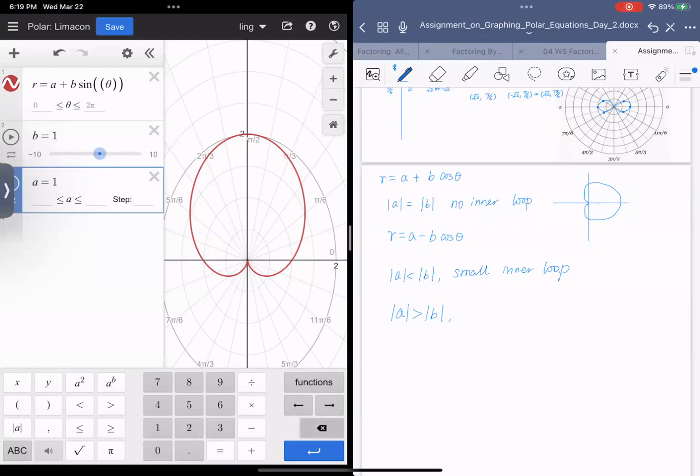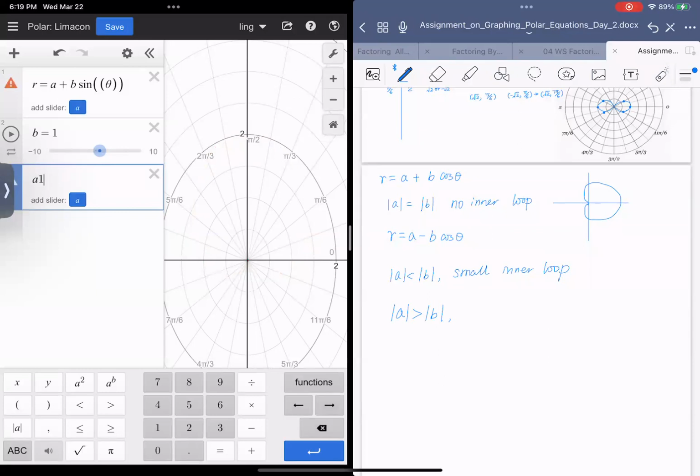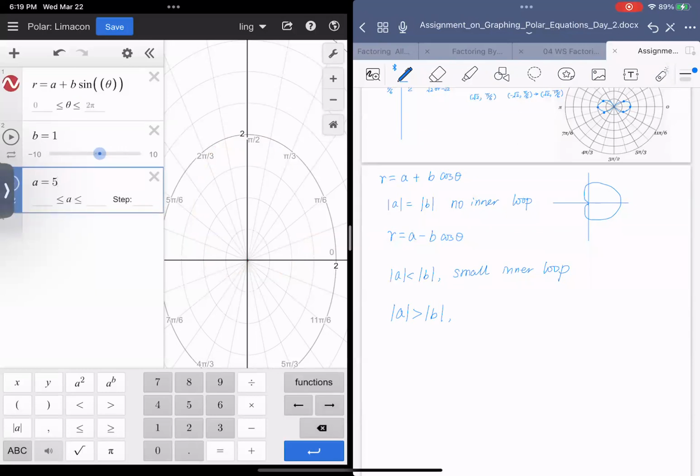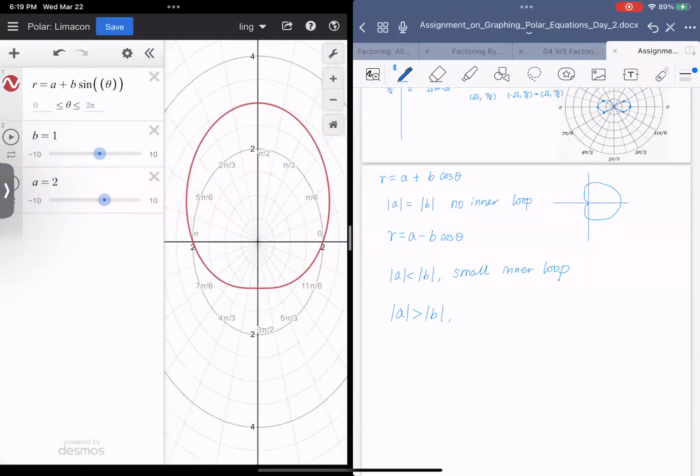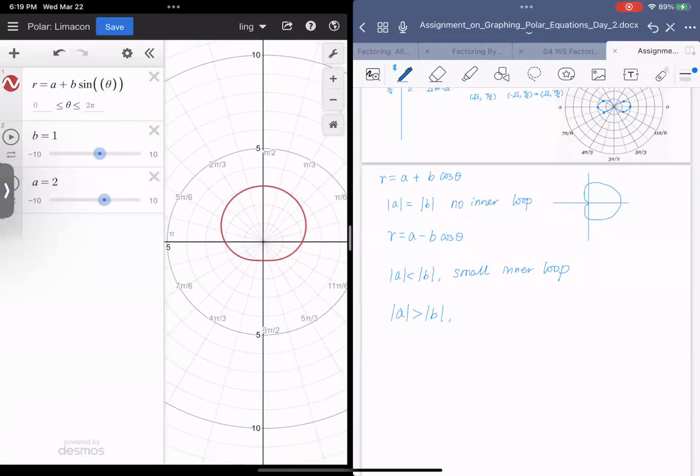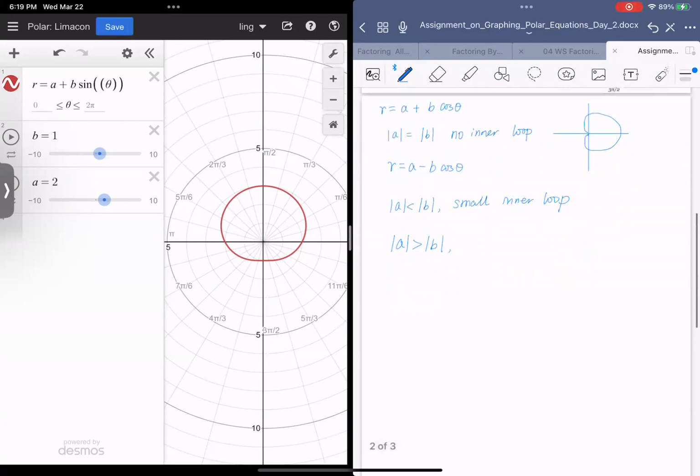For example, if you change A to be 2, you see it has this kind of shape. So that's a summary for this typical type.